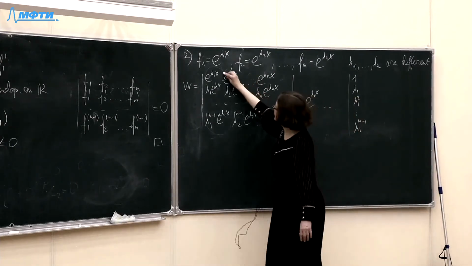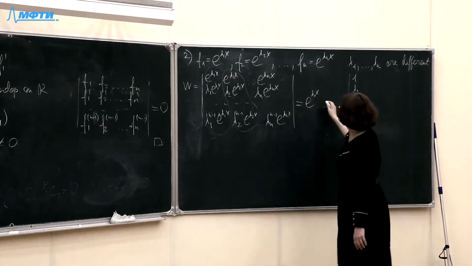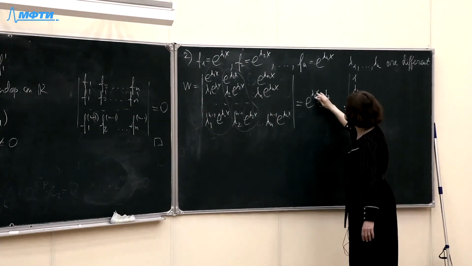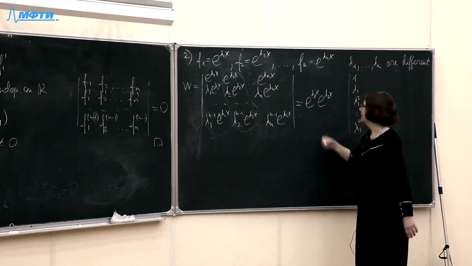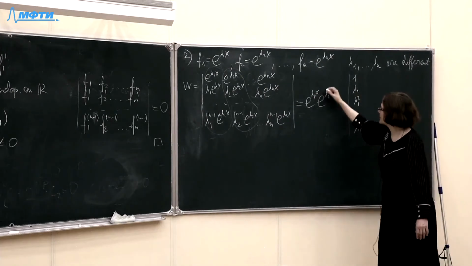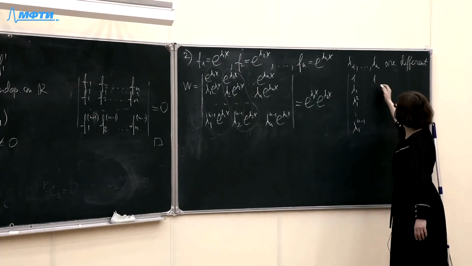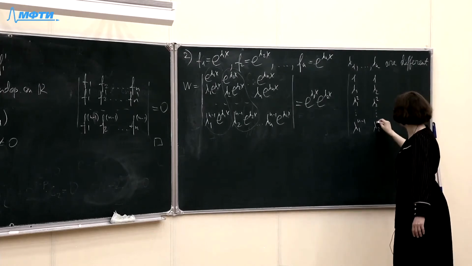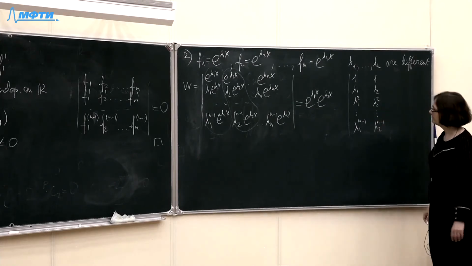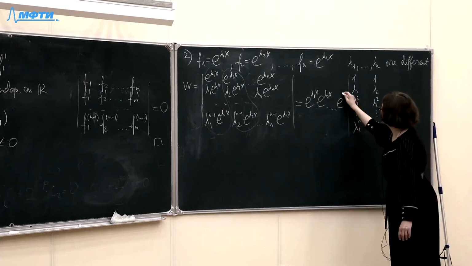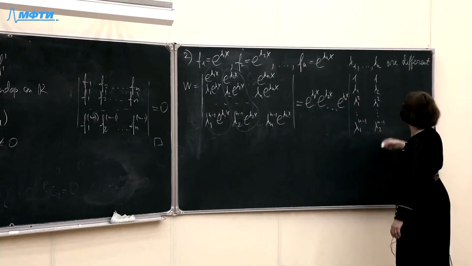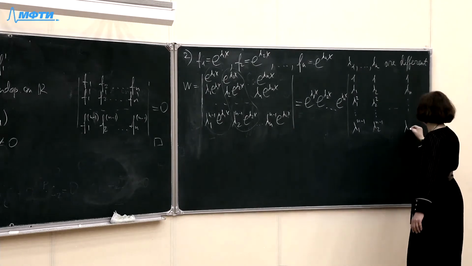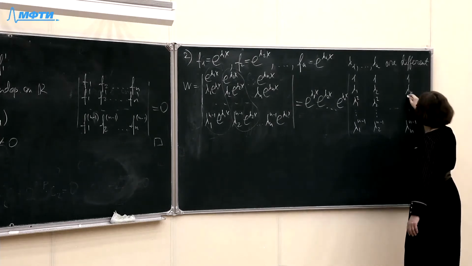Next, look at the second column. We can do the same: we move the factor e to the power lambda 2 x out of the determinant sign, and the second column will be 1, lambda 2, lambda 2 squared, and so on, lambda 2 to the power n minus 1. And so on, up to e to the power lambda n x, and the last column will be 1, lambda n, and so on, lambda n to the power n minus 1.